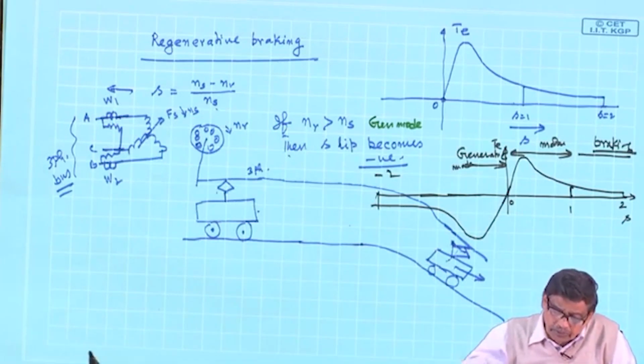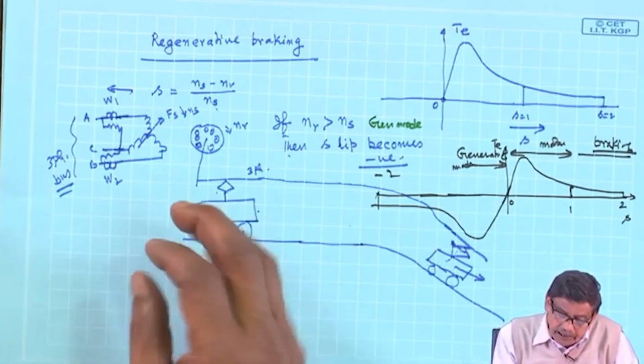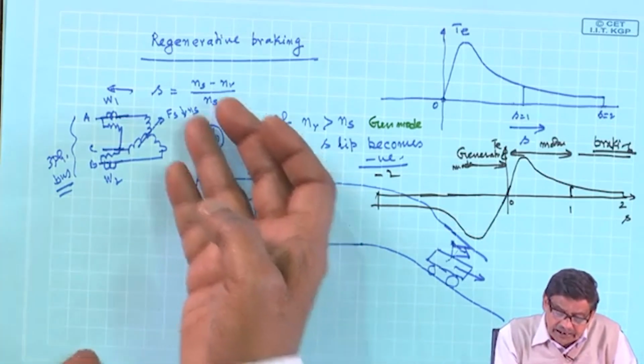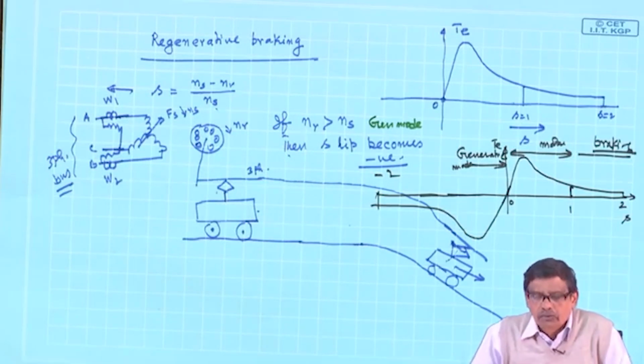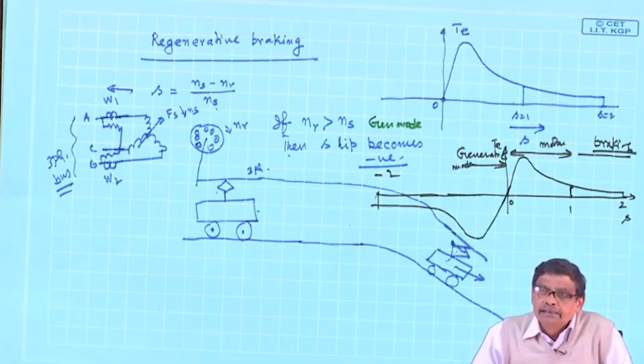Now, remove the mechanical load, connect a prime mover, make its speed higher than NS, it will act as a generator. Is it possible to operate an induction machine as a 3-phase generator in isolation?